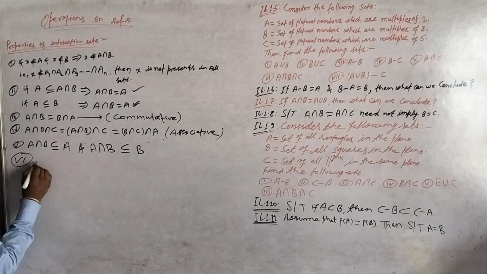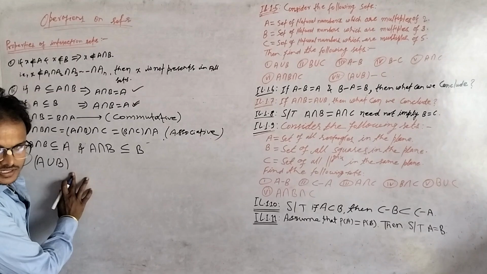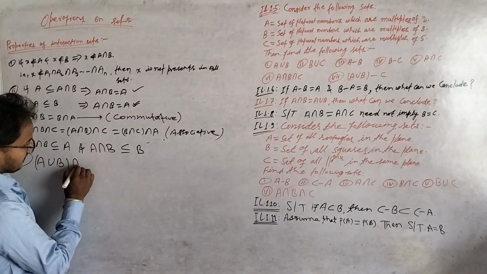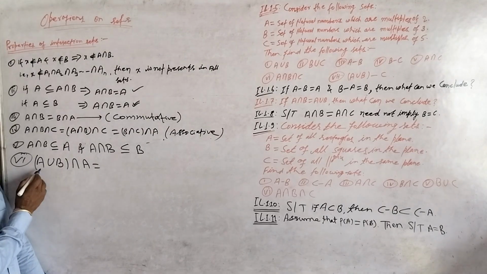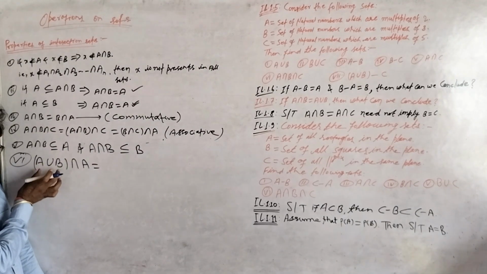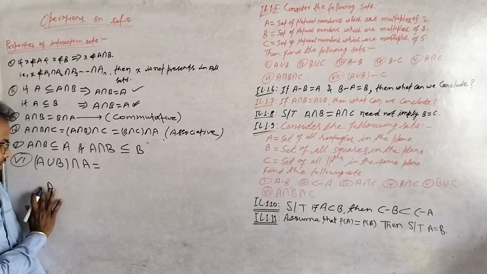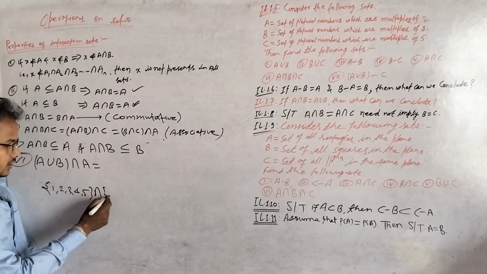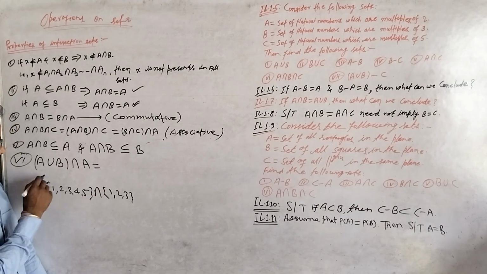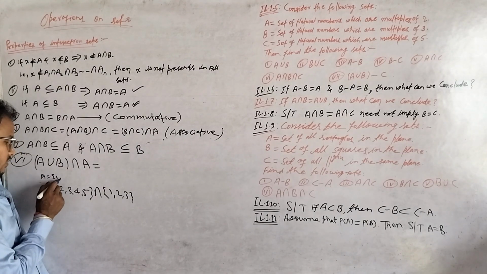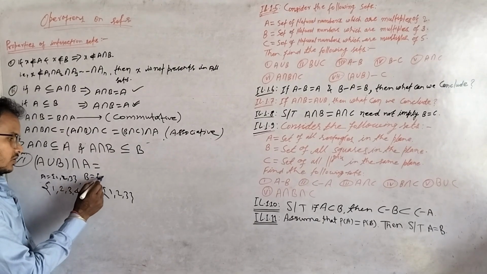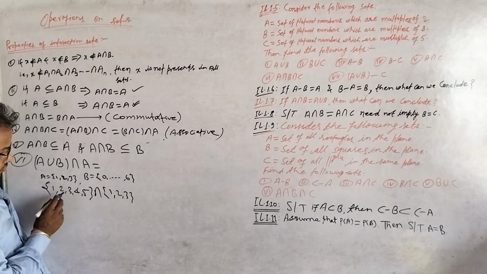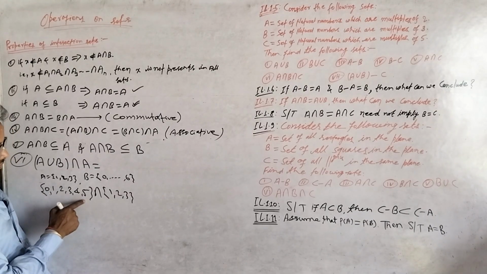A union B, firstly gives A union B intersection A. Here A union B contains all elements of A, and A is intersected. Suppose set A is 1, 2, 3 and set B contains 0 to 6. When we take A union B, we get 0, 1, 2, 3, 4, 5, 6.